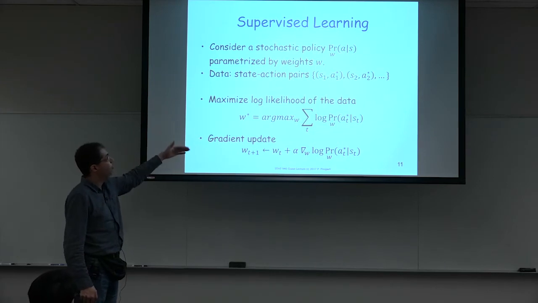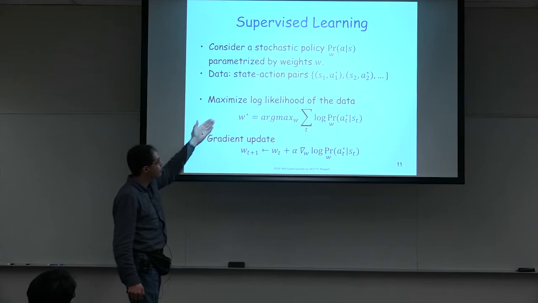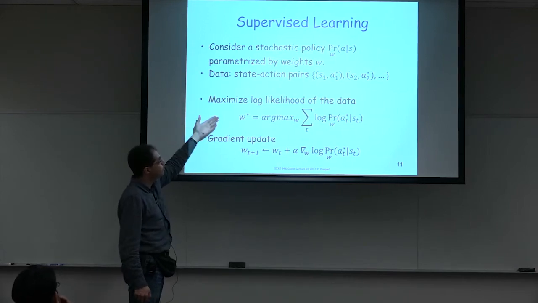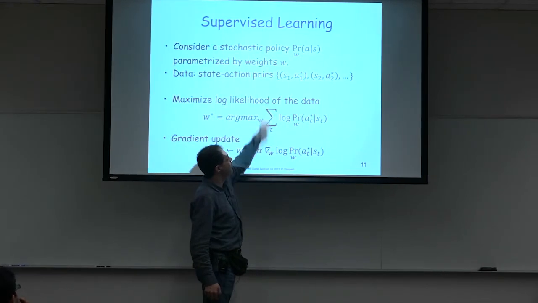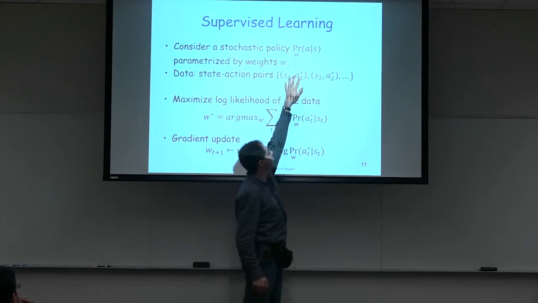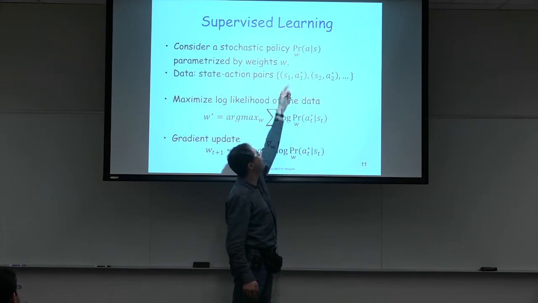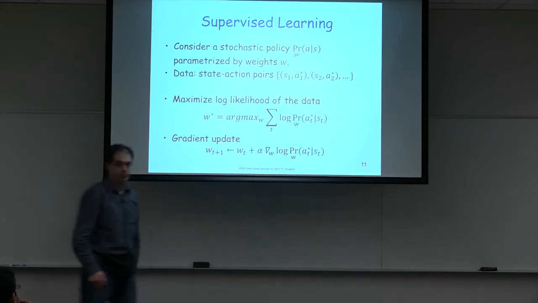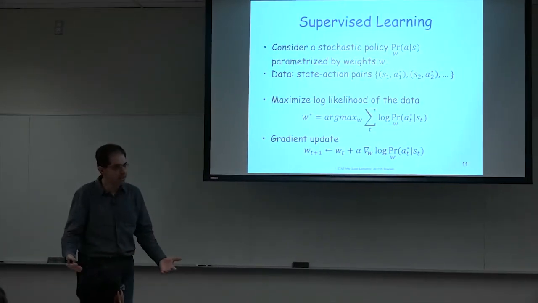So if we were able to get the correct action at any point in time, then we could use supervised learning. And here we could consider, let's say, a space of stochastic policies that would be defined as the probability of actions given each state, parameterized by some weights W. Okay? And here, this function can be represented in any way.